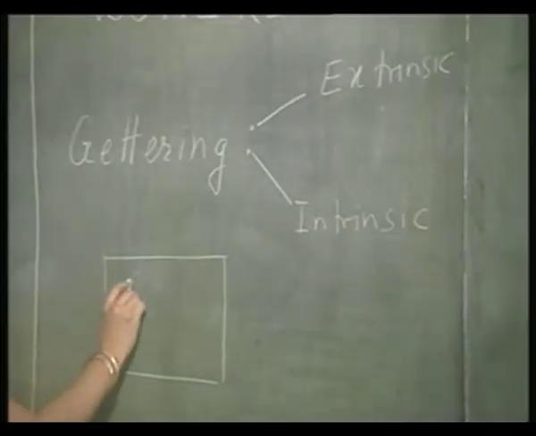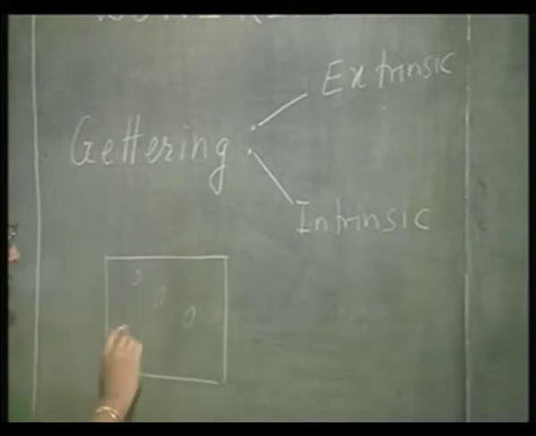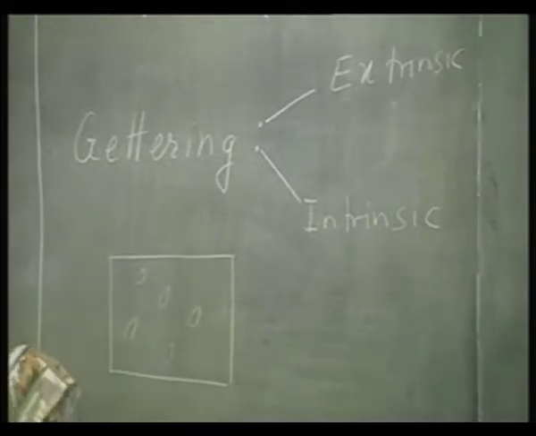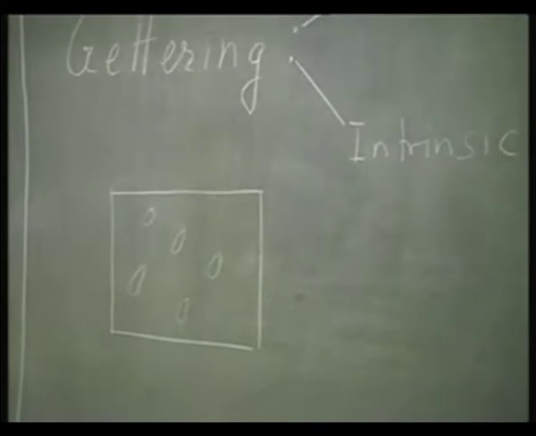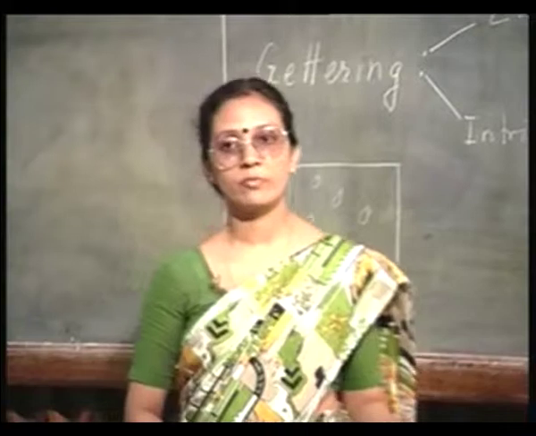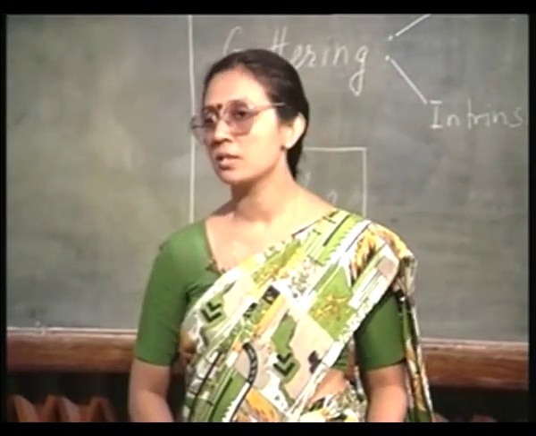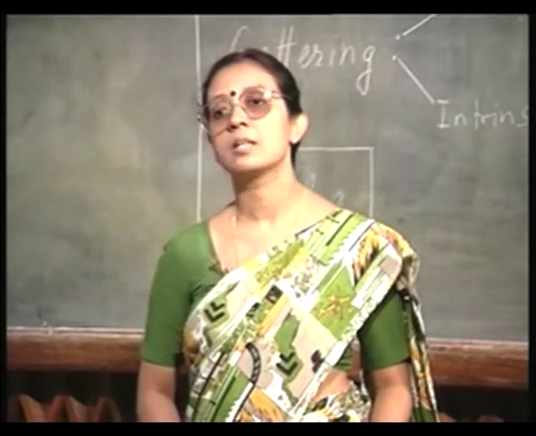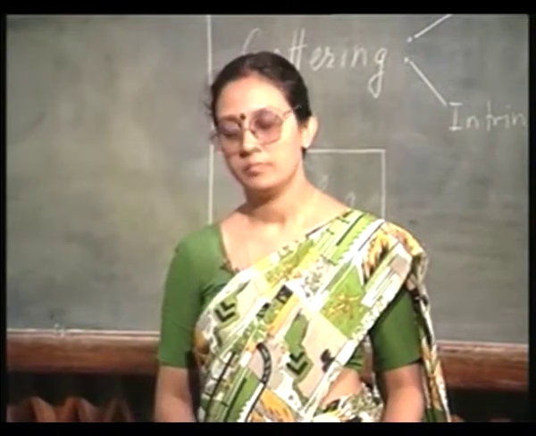So, I have these oxygen precipitates all over the place. Now, I heat this wafer at 1000 degree centigrade or above in an inert ambient. What will happen?